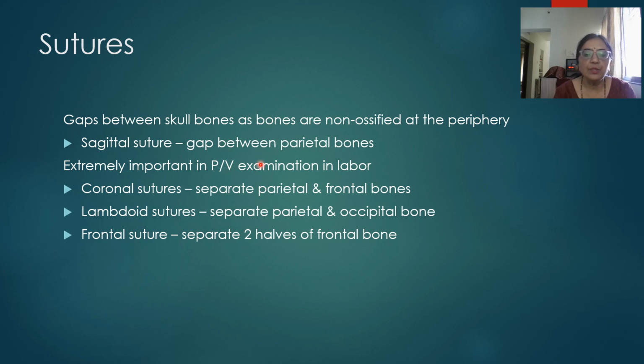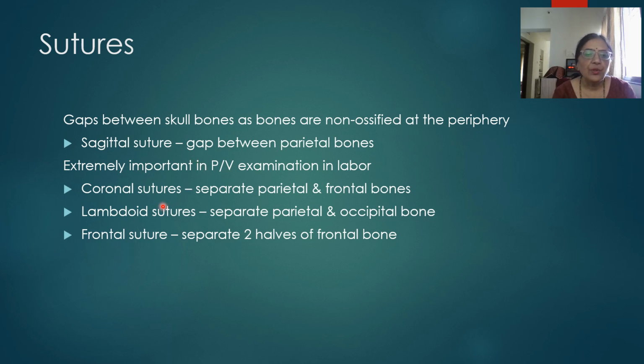It helps us to determine the position also, whether it is occipito-anterior, posterior or transverse position, right sided or left sided. Sagittal suture also helps us to know the internal rotation, which is an important movement in mechanism of labor. So it is an extremely important suture as far as our obstetric examination goes to assess the progress of labor.